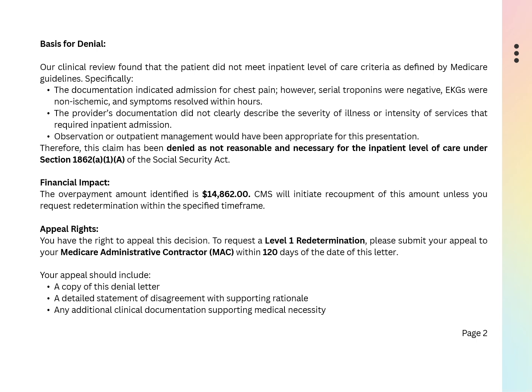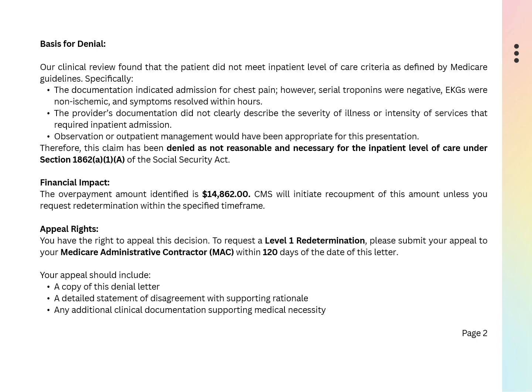Therefore, this claim has been denied as not reasonable and necessary for the inpatient level of care under Section 1862(a)(1)(A) of the Social Security Act. Financial impact: the overpayment amount identified is $14,862. CMS will initiate recoupment of this amount unless you request redetermination within the specified timeframe.